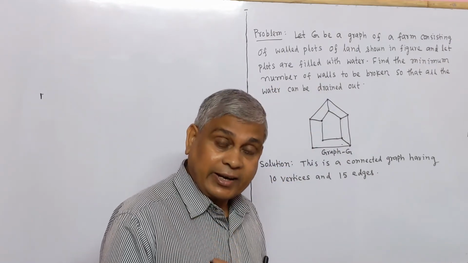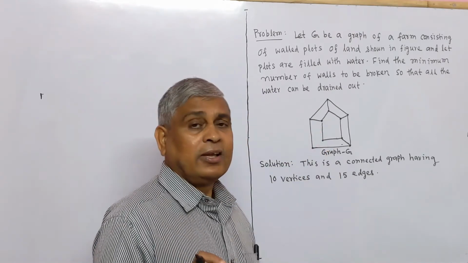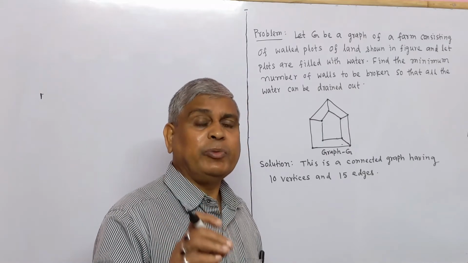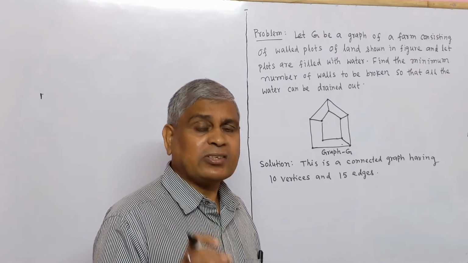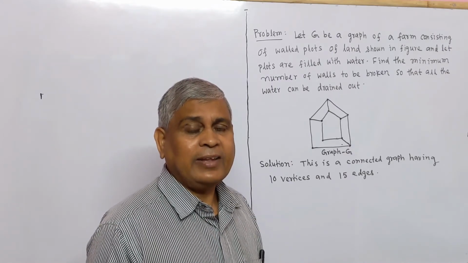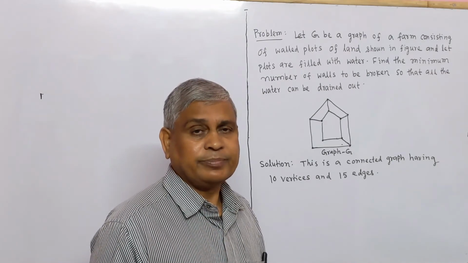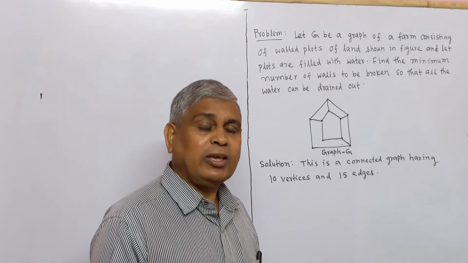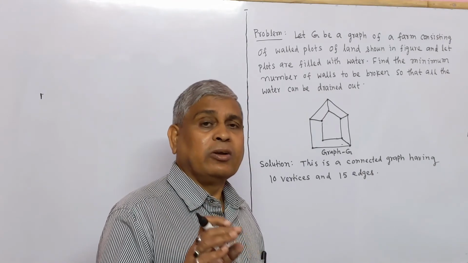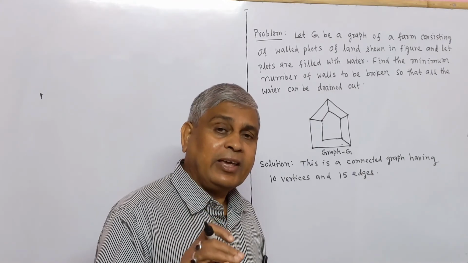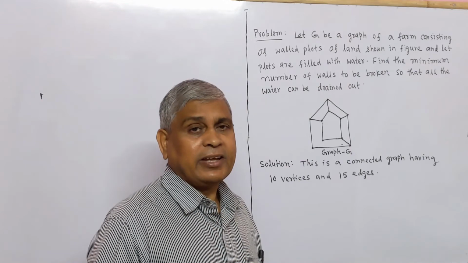Since it is a connected graph which contains some circuits, if we delete one edge from each circuit, then we get a circuitless connected graph, and that graph will be the spanning tree of the graph. So our aim is to find the chords. Chords means the edges of the graph which are deleted to form a spanning tree.